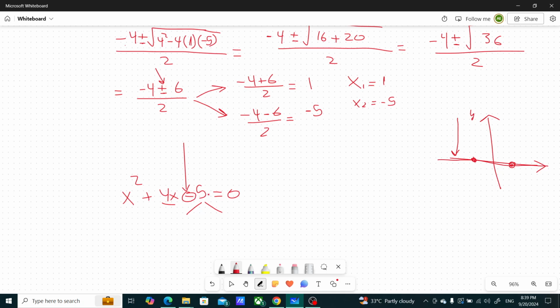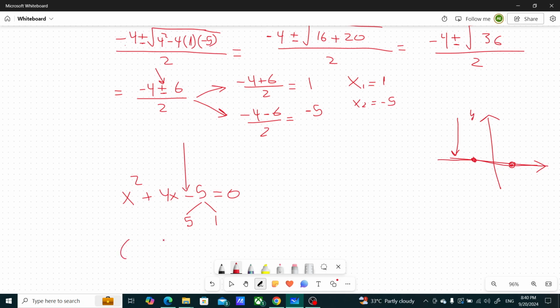If it's a minus, I will take 2 factors of 5 that subtract to 4. If it's a plus, I will take 2 factors of 5 that add up to the middle number. Since in this case it's a minus, we will take 2 factors that subtract to 4, which are 5 and 1. 5 times 1 is 5, and the difference between 5 and 1 is 4.